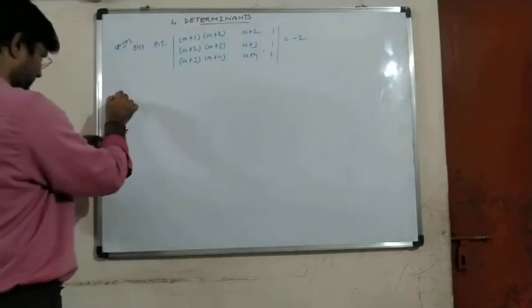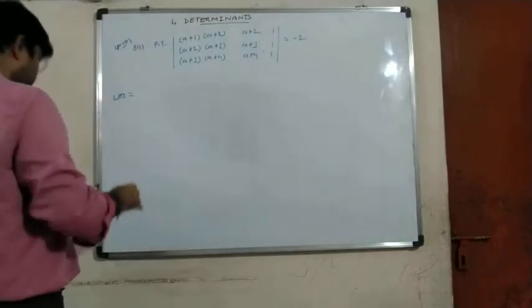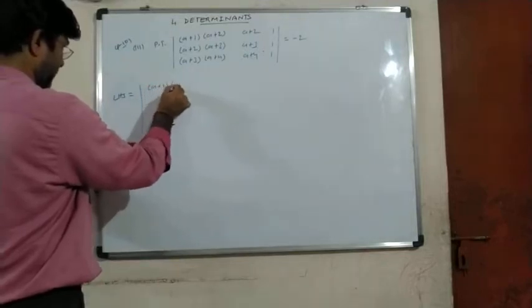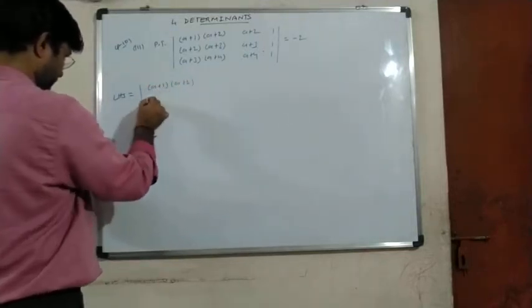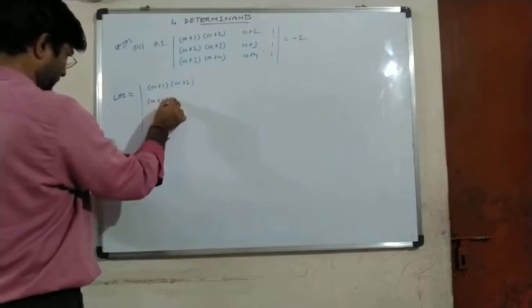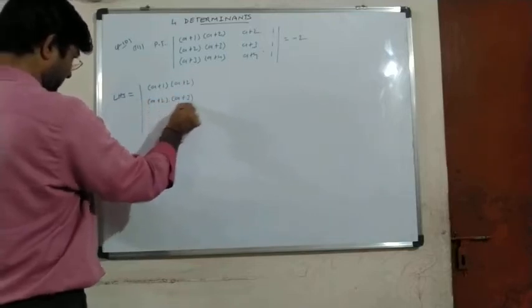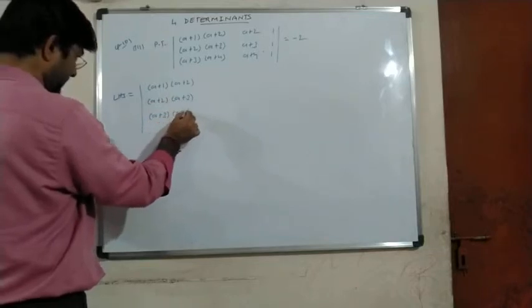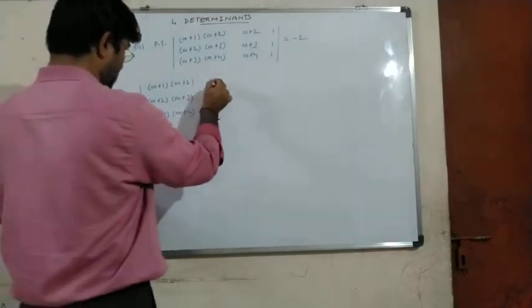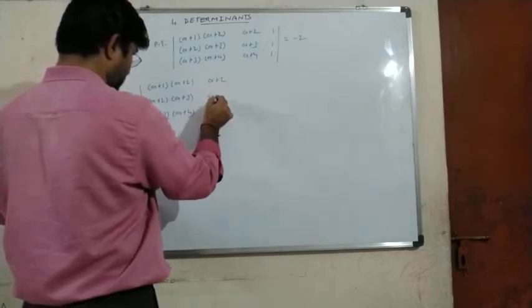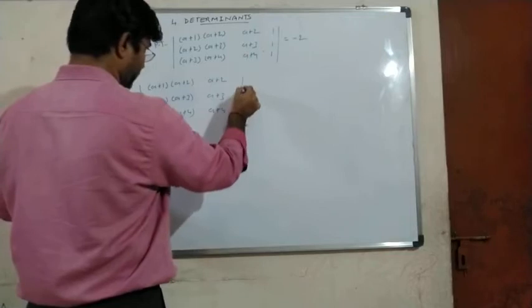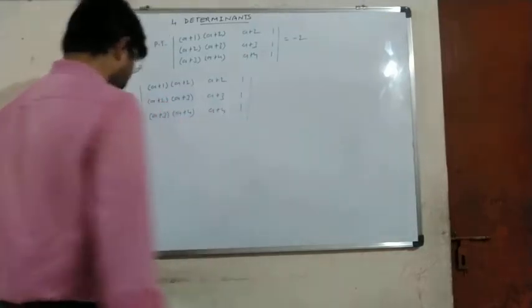Let us take the left hand side. LHS is the determinant with rows a plus 1, a plus 2, 1; a plus 2, a plus 3, 1; a plus 3, a plus 4, 1.